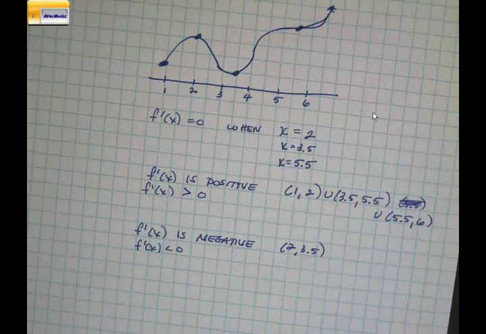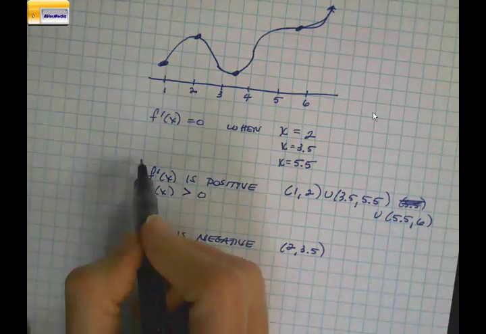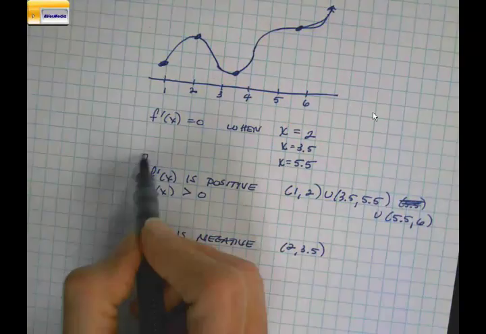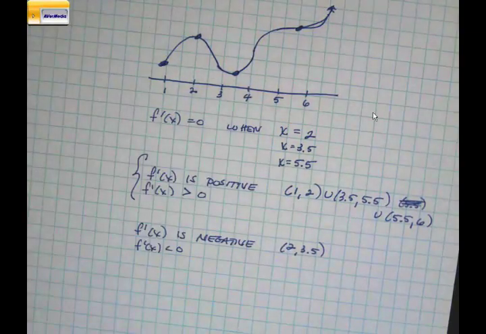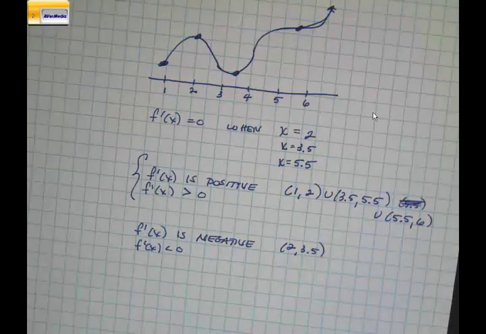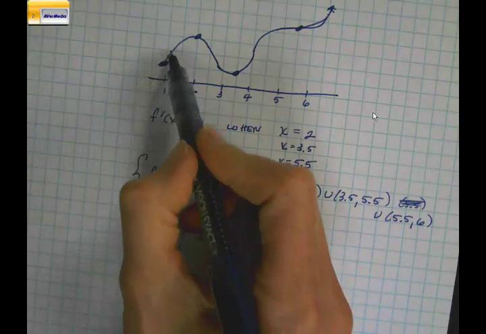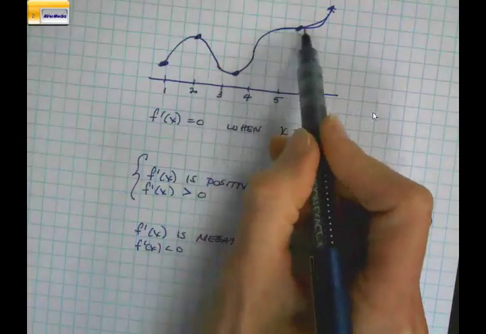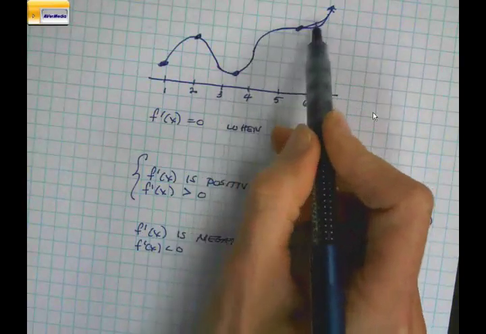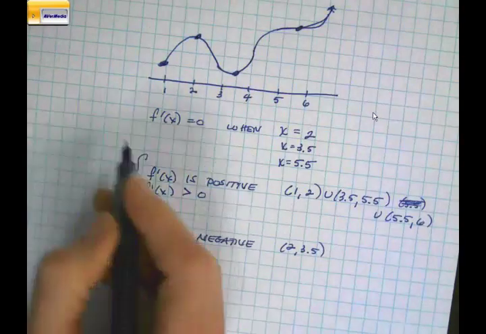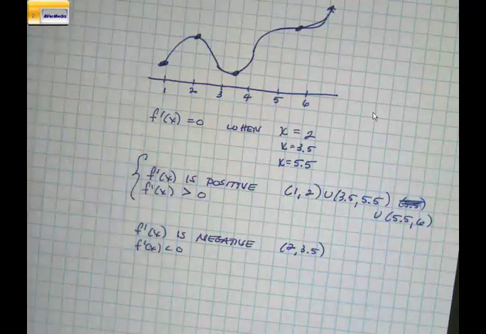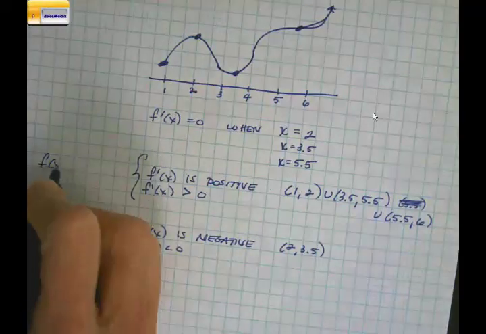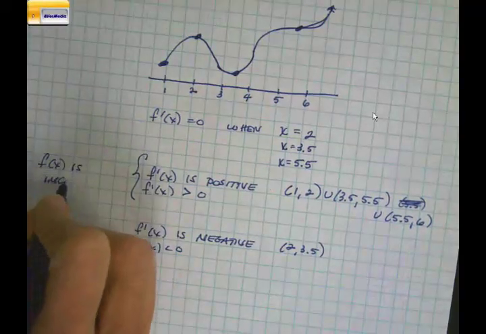Now, here's where the conclusion comes in. If the slope of the tangent line or the first derivative is a positive value, is this function increasing or decreasing? It's increasing. So the function is going up, it's increasing in this region, and it's always increasing in this region other than when it kind of levels out here. Okay, so when your first derivative is positive, your function f of x is increasing.